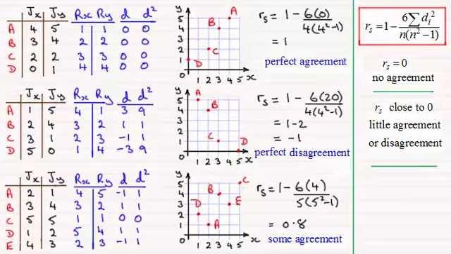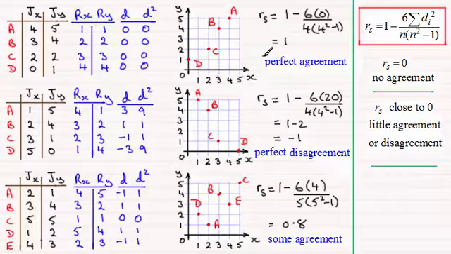Another point that's well worth mentioning is that if you get a value of 1, it doesn't mean the same as what we had when we were doing linear correlation. It doesn't mean that the points are necessarily in a straight line, as you can see from this example here.